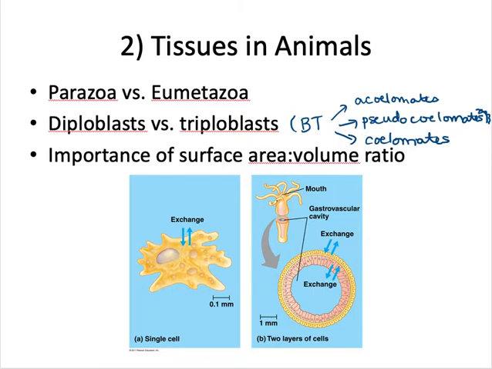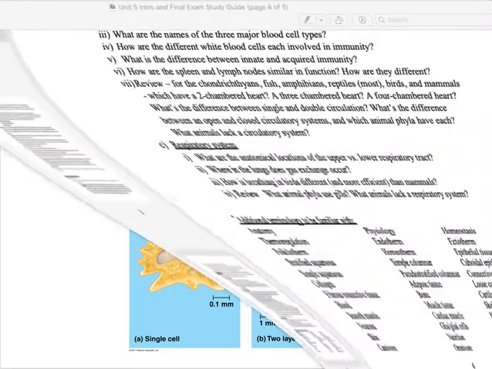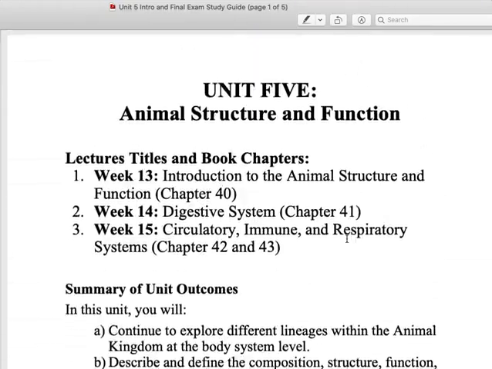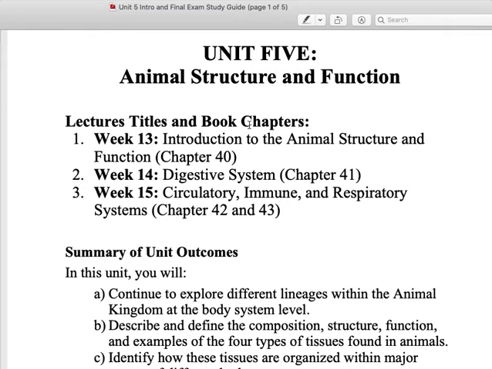All right. One thing on your study guide, I want to point this out. Here is the PDF of your Unit 5 introduction. I have replaced what was in your course pack.